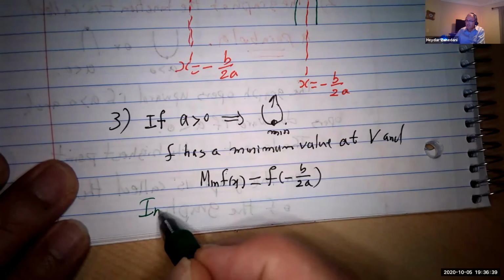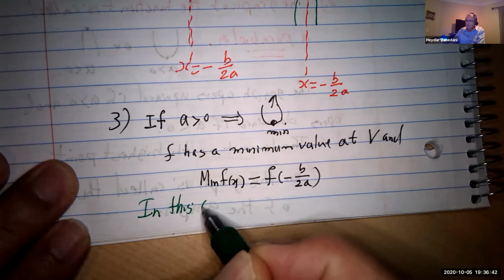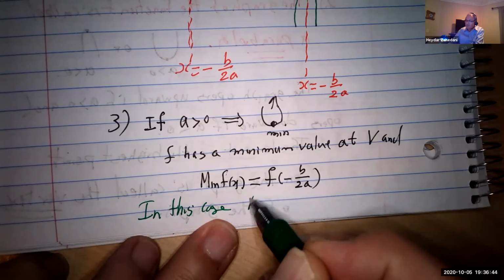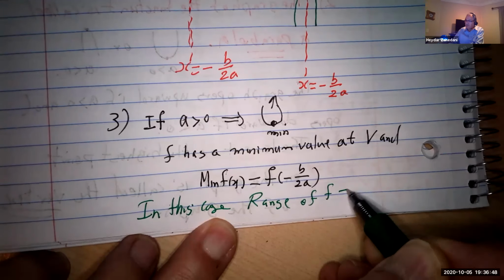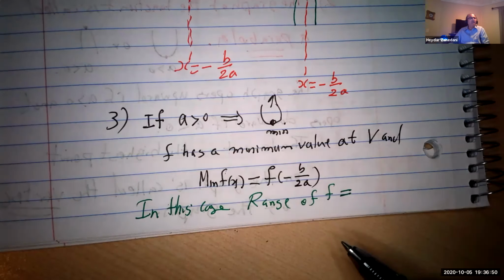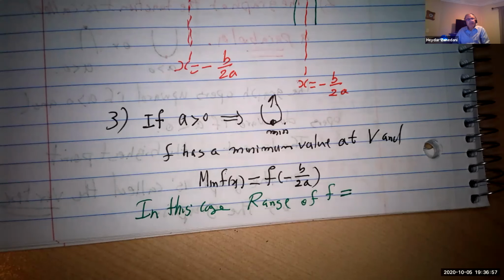In this case, the range of the function. Range of f is equal to, any suggestion? If the minimum is 5, what is the range of the function? Minimum is the bottom value of the function.